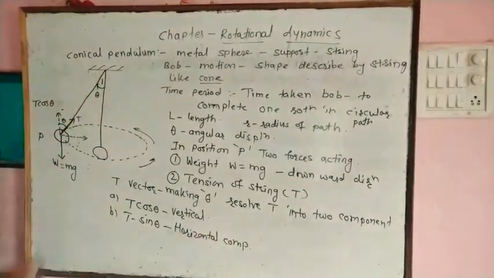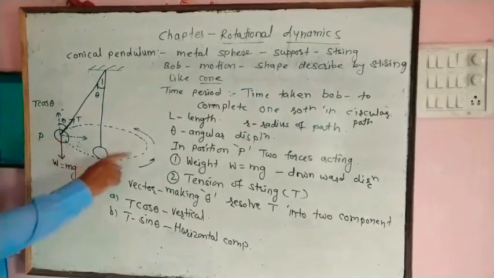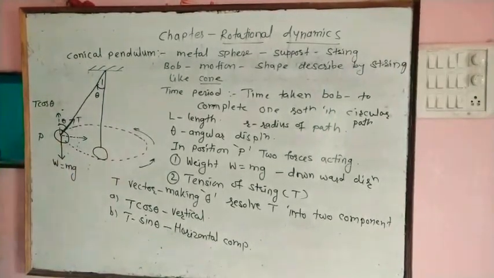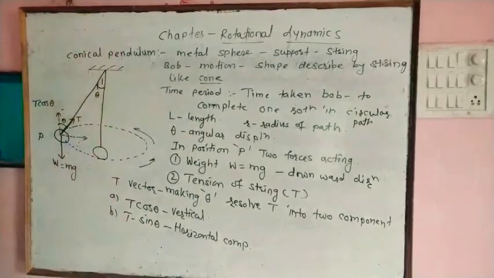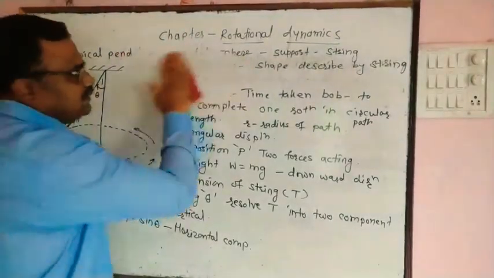Now, the motion of the bob is circular, and for circular motion, centripetal force is very essential.